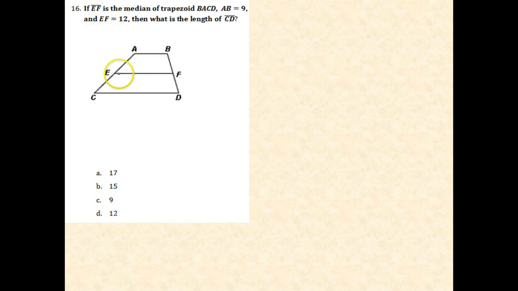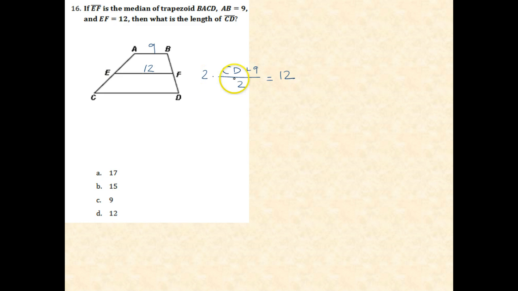If EF is the median of this trapezoid, and AB equals 9, and EF equals 12, then what is the length of CD? Well, the median is the average of the two bases. So CD plus 9 divided by 2 equals the median, which is 12.